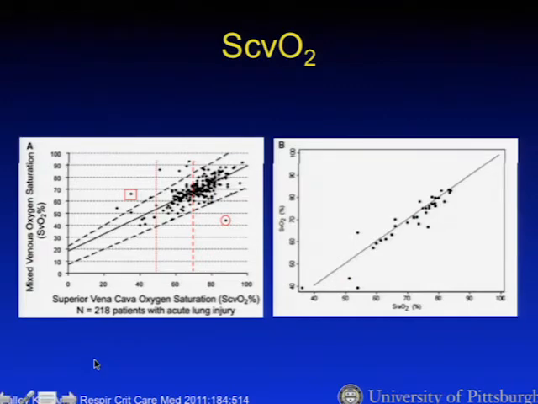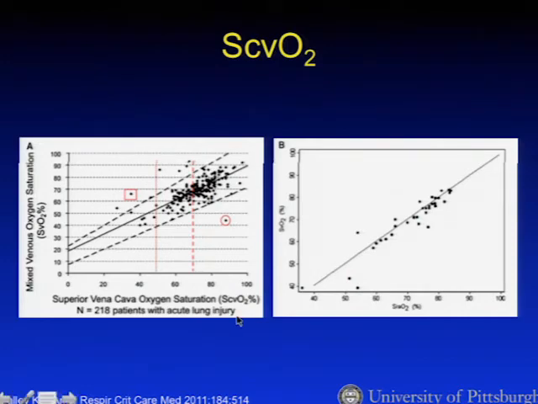What you see here is data from a large number of patients who had ARDS in ARDSNet trials, and the correlation between SVC, or central venous oxygen saturation, and mixed venous O2 sat is relatively tight, although there are a few cases where that's not true.